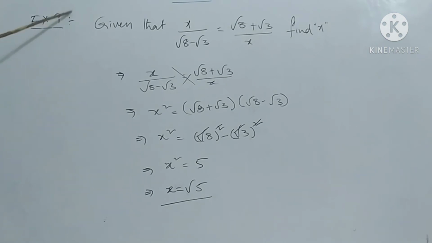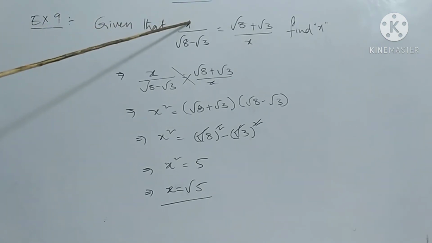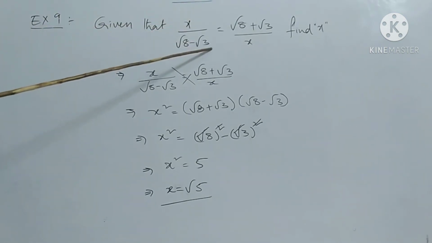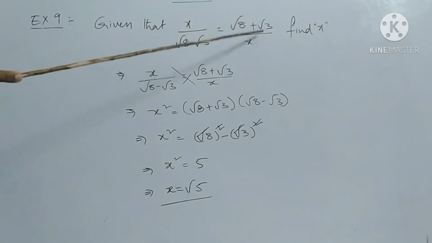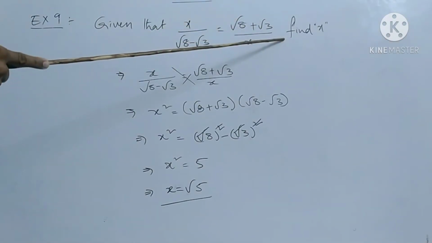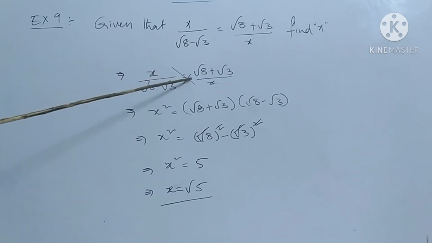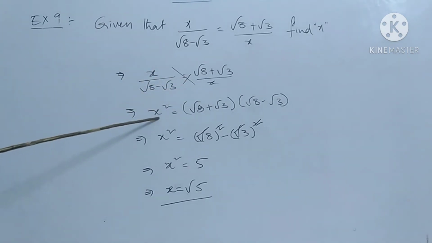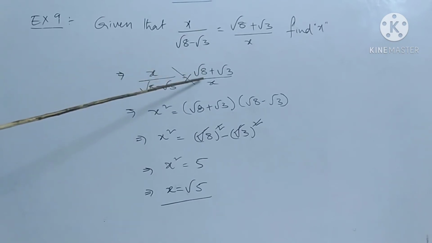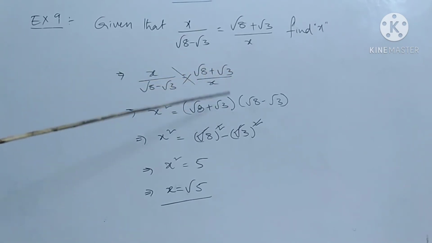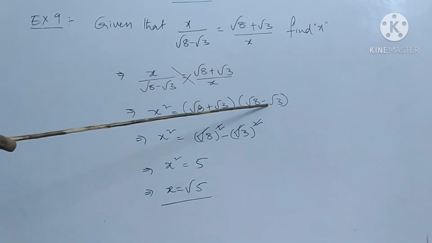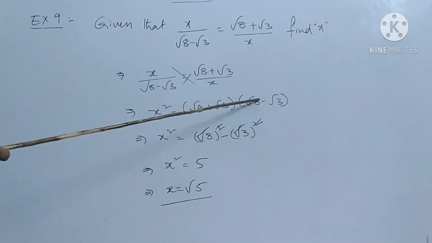Next example, 9th one. Given that x by root 8 minus root 3 is equal to root 8 plus root 3 by x. Find the value of x. Here we just have to cross multiply these terms. So x into x, x square is equal to root 8 plus root 3 into root 8 minus root 3. So this is of the form a plus b into a minus b.